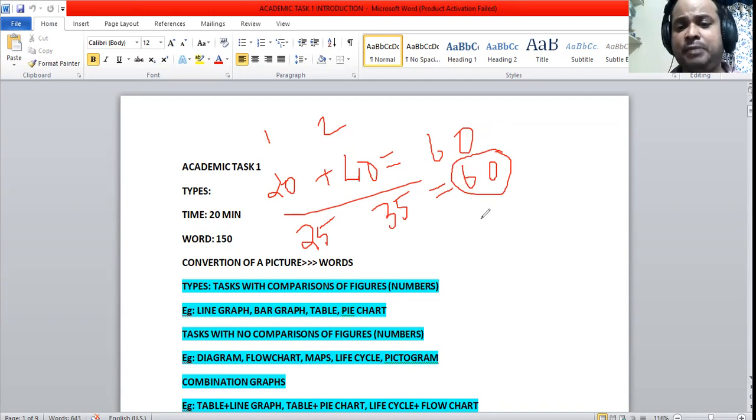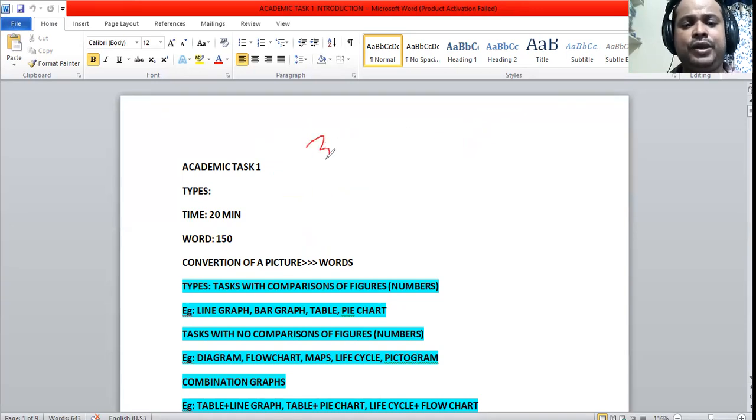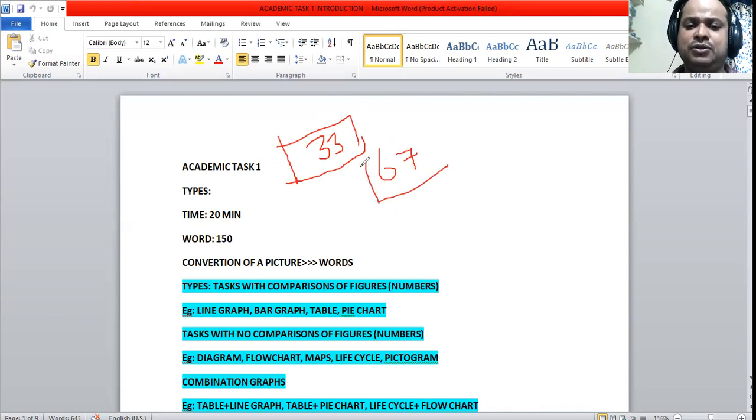One thing you have to remember is that 33% of your writing score will be from academic task one, and the remaining 67% will be from task two. So if you get an average score in academic task one, you'll have a better overall score.